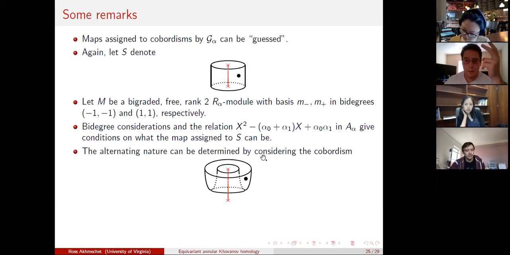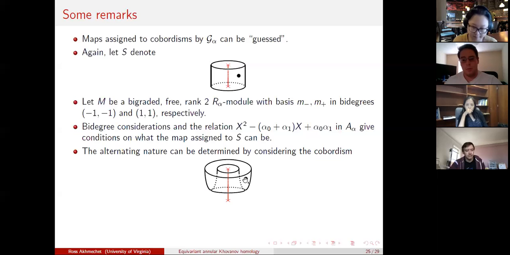And then the alternating phenomenon, you could already have guessed based on considering this cobordism. I'm not going to be super precise here, but if you consider this cobordism without the dot, you don't have a choice for what map that's going to be.